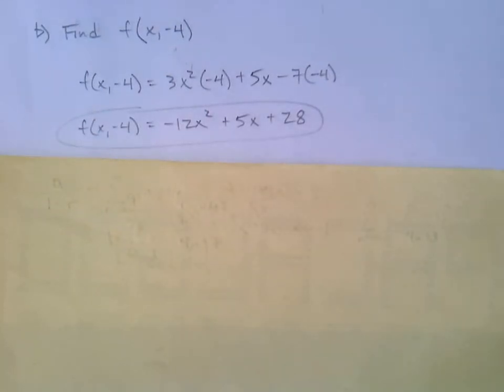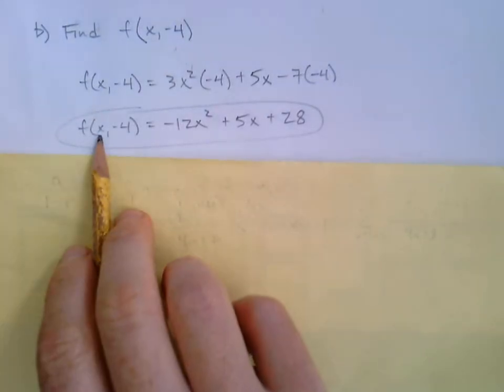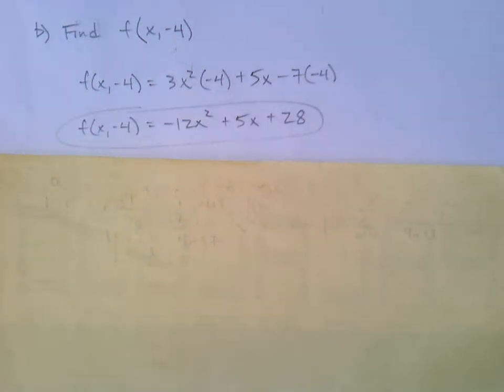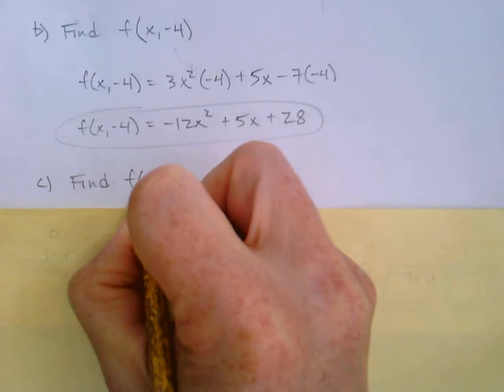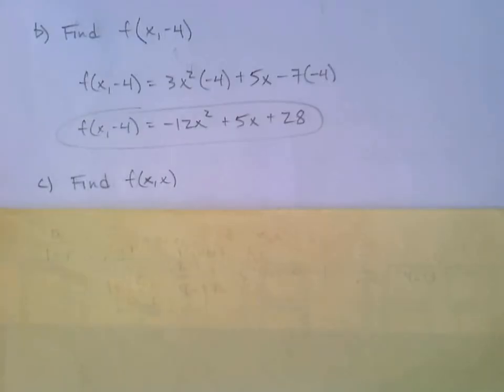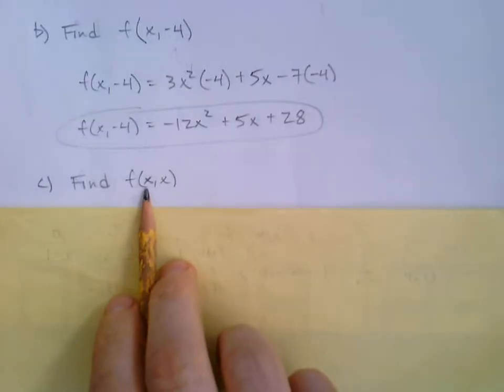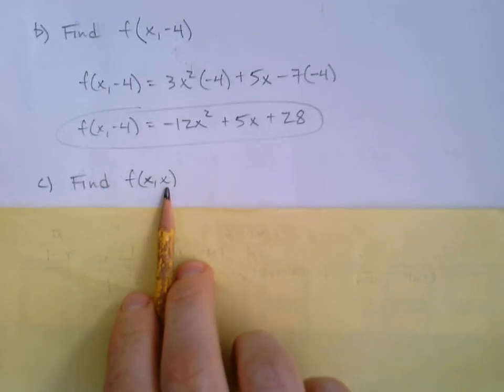Again, kind of unusual. You're keeping one, you're plugging a number in for the other, but all right, we can do that. I've got one more of these. How about find f of x comma x? So what is all this? Well, just like in the last problem, x stays the same, but now even the y's become x's.